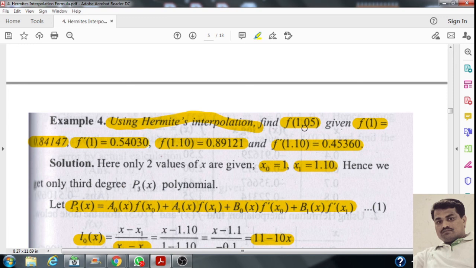You substitute in the right hand side of the Hermite's interpolation formula, simplify, and then you get the polynomial. And after that if you put x equal to 1.05 you get the same solution. This is the way of finding the interpolating polynomial and the value of the function at particular points by using the Hermite's interpolation formula.